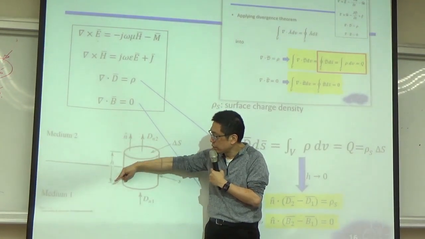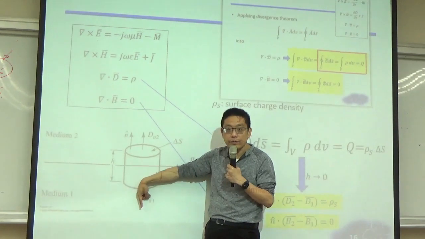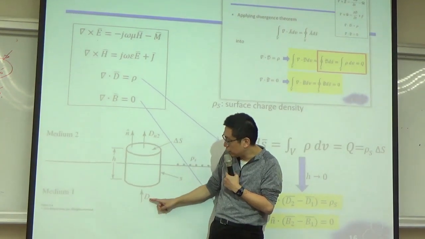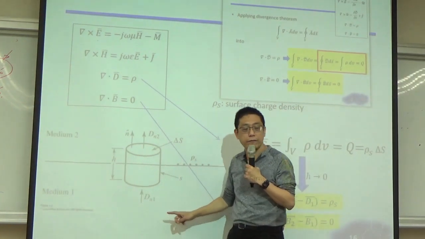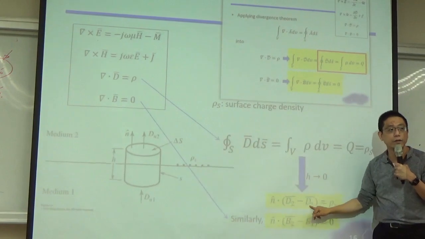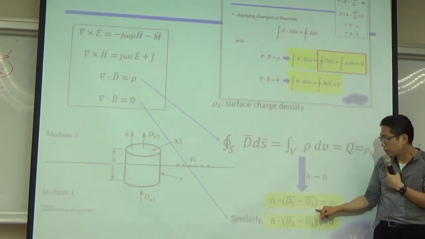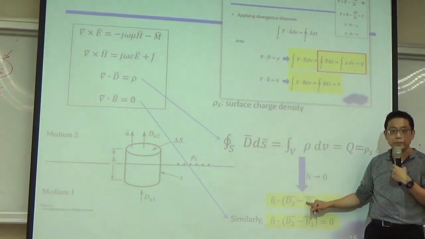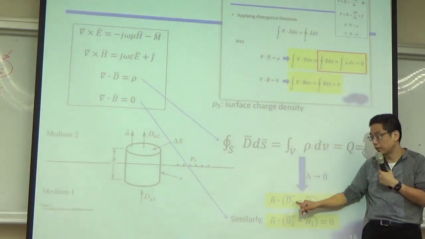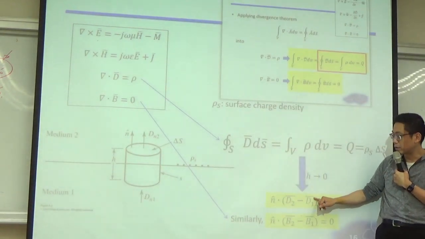So n will become the opposite direction of Dn1. Therefore, you will obtain a negative product between n hat, this is a unit vector, dot D1.